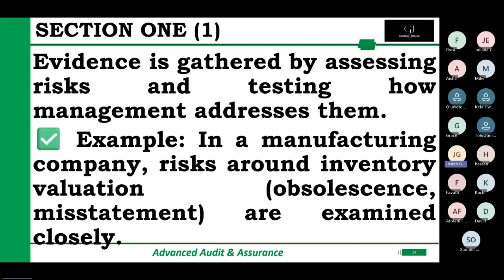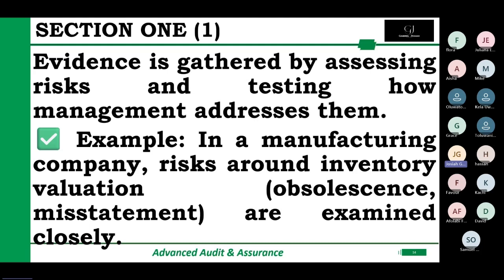And an example is a manufacturing company that deals with raw materials, work in progress, they turn them to finished goods. Risk around inventory valuation are significant risk. Obsolescent inventory, material misstatements around inventory needs to be examined closely.